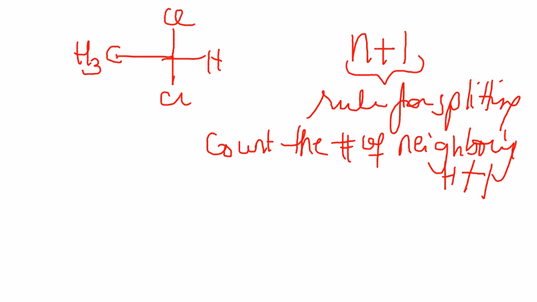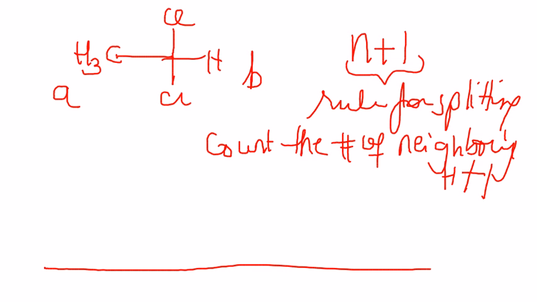What do I mean by that? Let's consider the A protons and let's consider the B protons. And what I said was that the peak at 1, which is the A proton, is a combination of 2 peaks, and the peak at 6, which is the B protons, is a combination of 4.